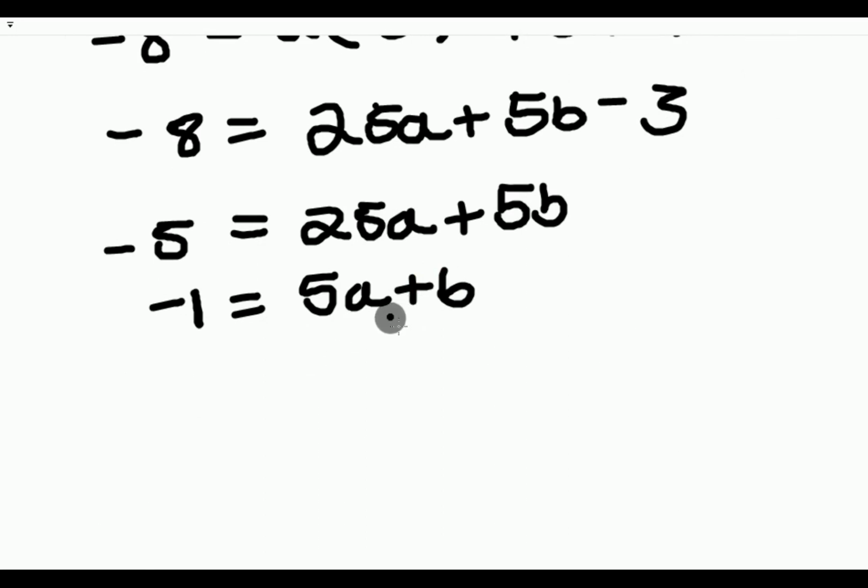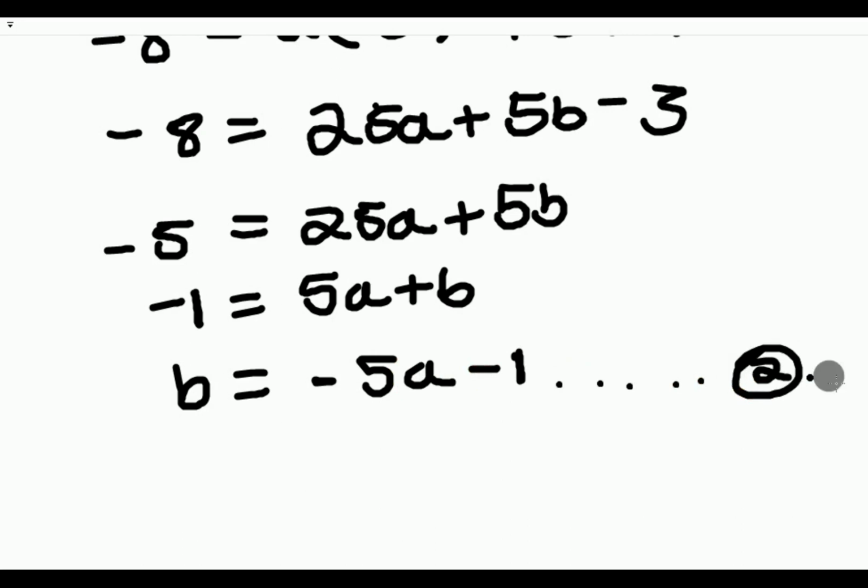So we're going to make also here b the subject of the formula. So we're going to have b is equal to minus 1 minus 5a, which means we are taking 5a to the other side, which is our left hand side. We're going to have minus 5a minus 1, or minus 1 minus 5a. It's the same thing. So we are going to name this our equation 2.